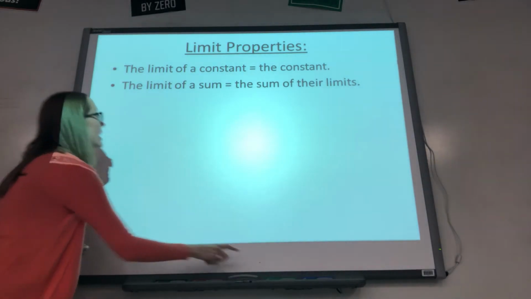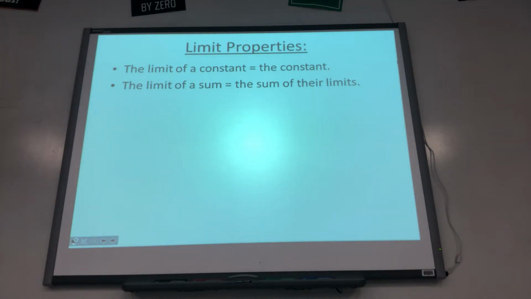Now, next one, the limit of a sum equals the sum of their limits. For that part, we're going to wait just a little bit. I'll have some examples in a minute where I can show you that a little bit better.